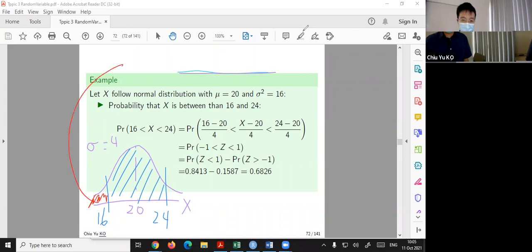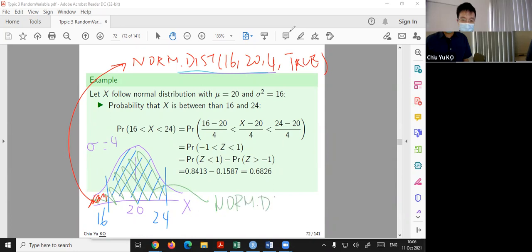The red area will be the norm, this, 16, 24, true. And we also know the not purple, maybe green. This green area will be norm, this 24, 24, true. So let me put that in the Excel, then we know the answer.